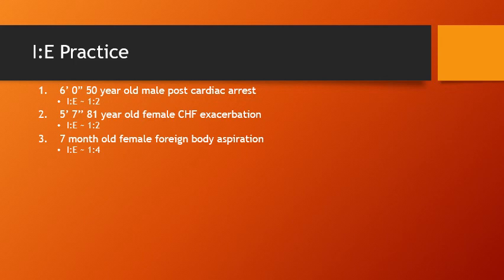Since this is an infant, she's on the very low end of that child range. We'll go with 1 to 4 because we do know that the younger the child, the longer the amount of time they need to exhale, and that's just physiologic normal for children. So for this patient, about 1 to 4 would be appropriate.